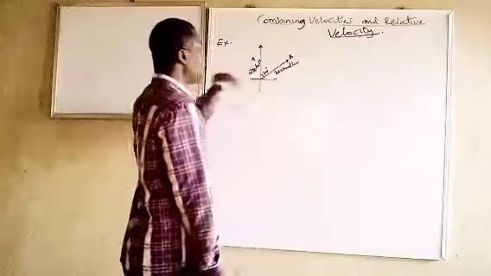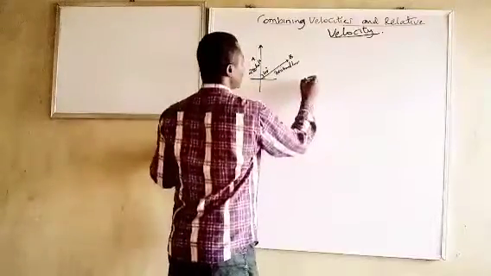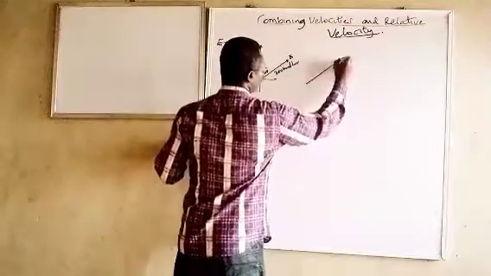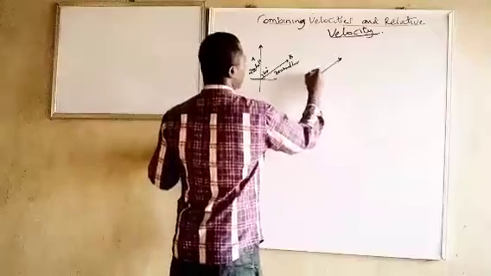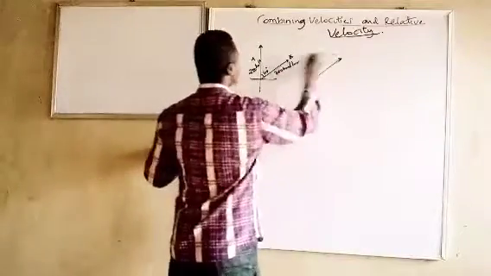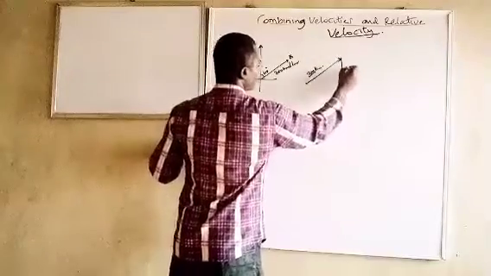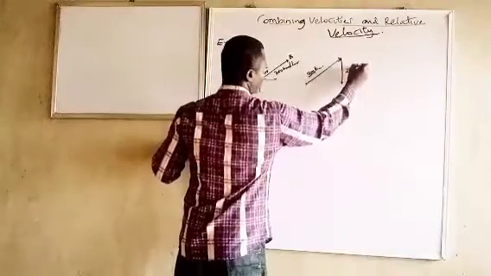Now, to calculate the relative velocity, what do we do? We draw it like this. This is 300 kilometers per hour, and we draw 200 upward. That's the subtraction.